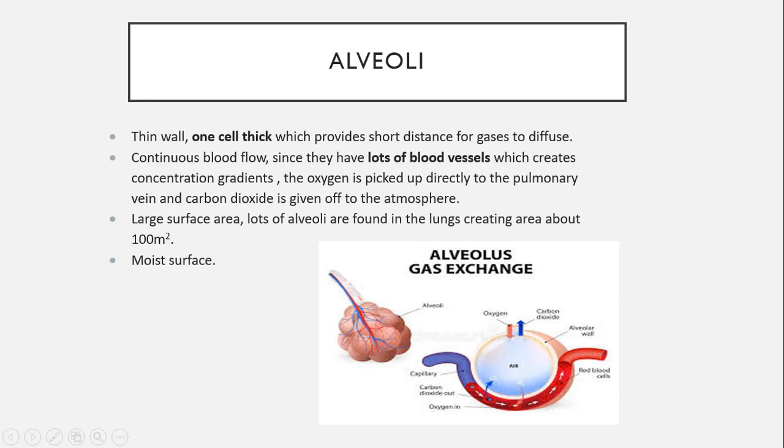We have lots of blood vessels to take in oxygen and to give off carbon dioxide out of the body, and we have a large surface area of them. We have millions of alveoli, and of course it is moist. It is moist because it has water, and the temperature is 37. This water evaporates continuously, providing a good environment for gases to flow. Thank you.